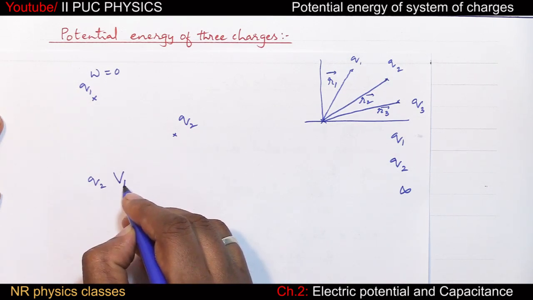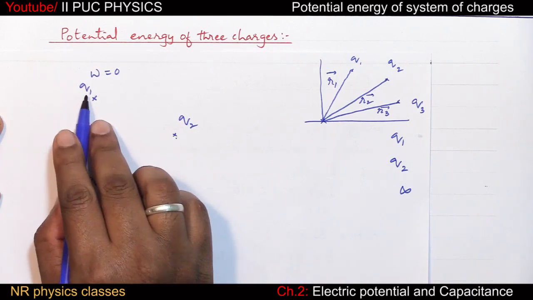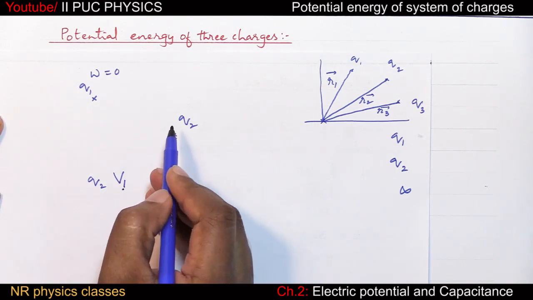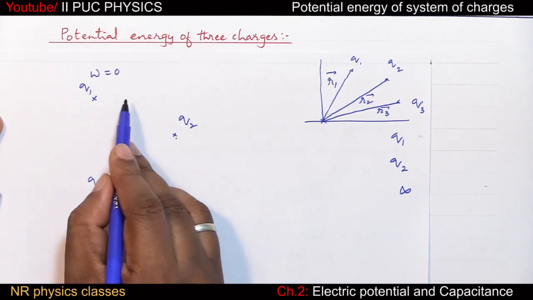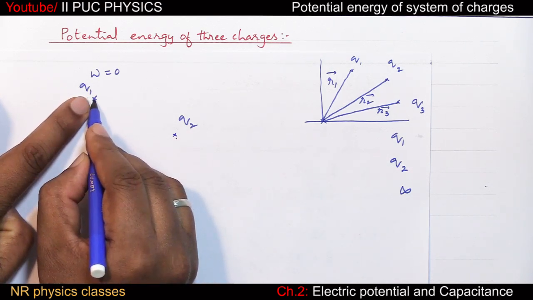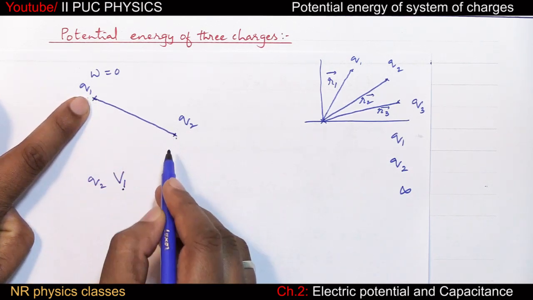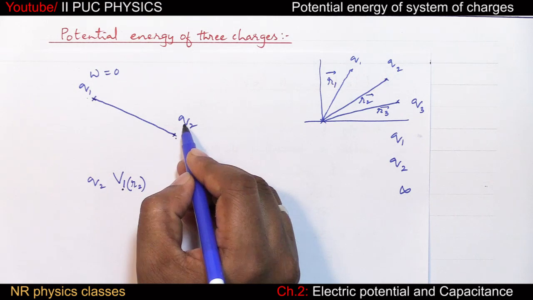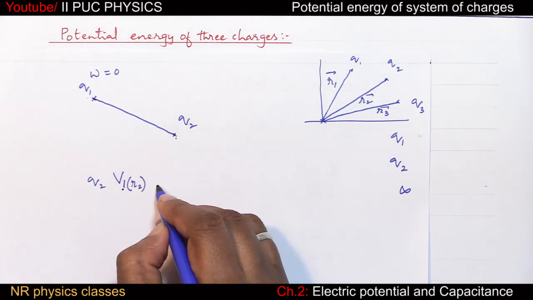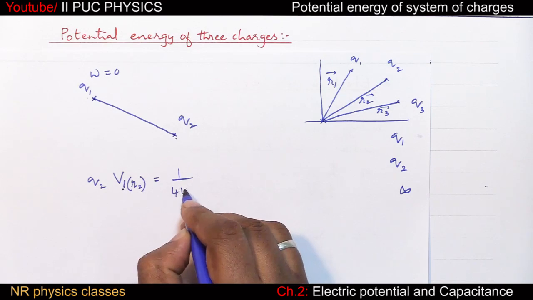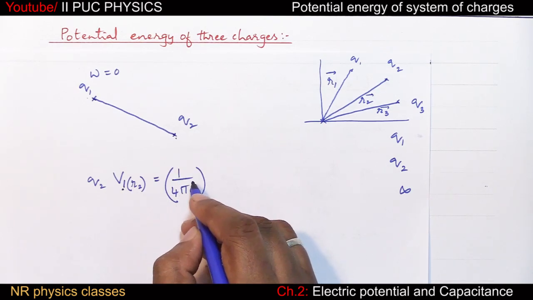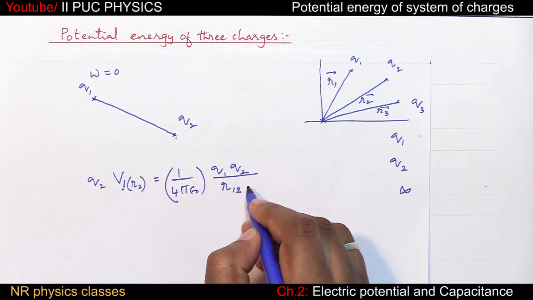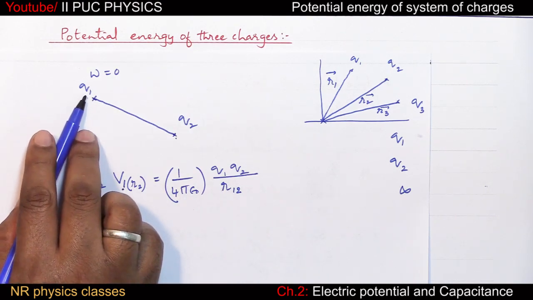Potential at this point due to charge 1, where the position vector of Q2 is R2, equals 1 by 4 pi epsilon naught, the constant, into Q1 Q2 by R12. R12 is the distance between Q1 and Q2.